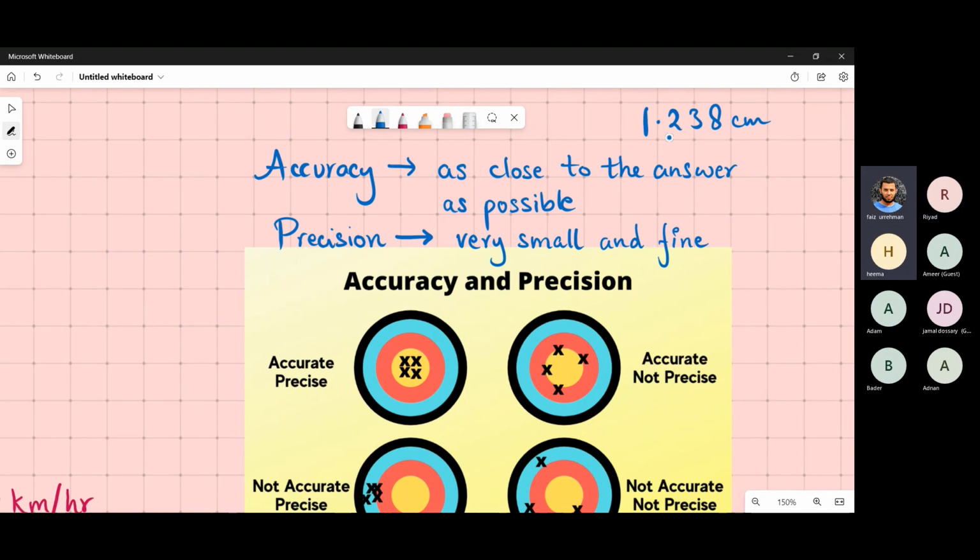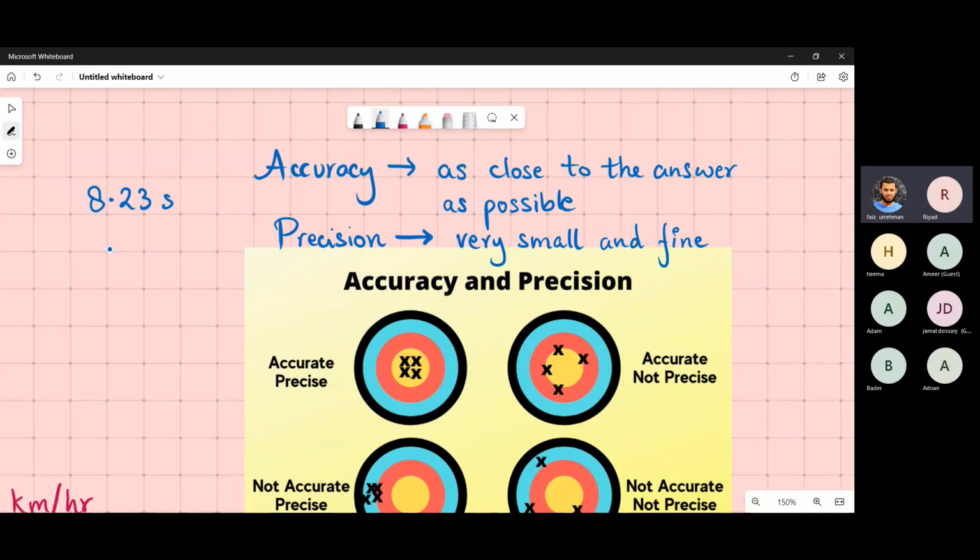Whether it is correct or not is none of our concern, but it is very precise. Like when the race begins and ends, the sprinter takes like 8.23 seconds to finish the race.